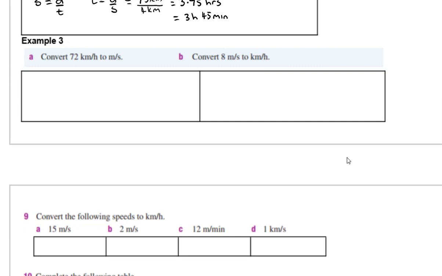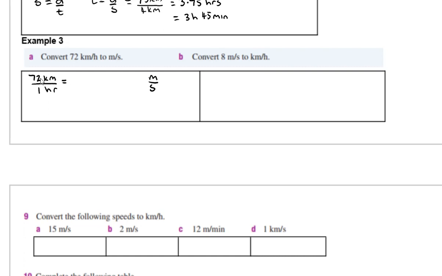Alright, last example. It says convert 72 kilometers per hour into meters per second. Now, again, I like to write it as a fraction. 72 kilometers over 1 hour. We want to change it to meters per second, which means I need to have on top meters and I need to have down the bottom seconds.